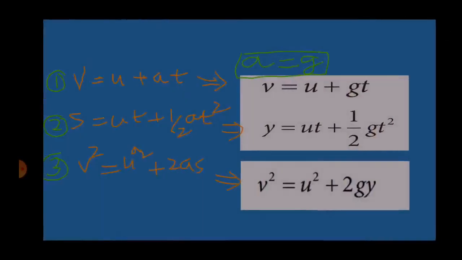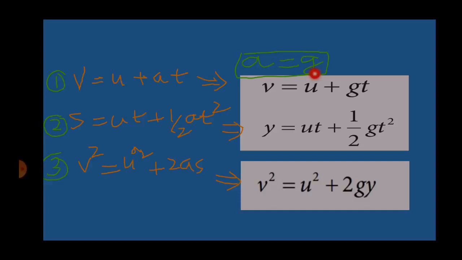Already you know the first equation of motion, v is equal to u plus at, the second equation s is equal to ut plus 1 by 2 at square, and the third equation v square is equal to u square plus 2as. These are the major equations of motion; here the acceleration of the object a is equal to the acceleration due to gravity, a is equal to g.